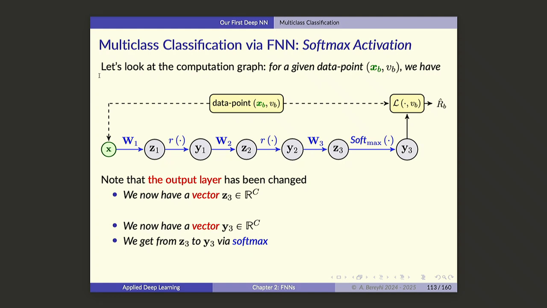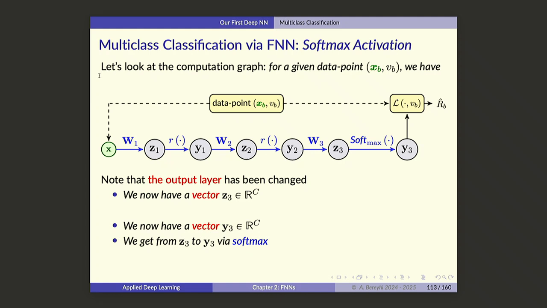Everybody's following? So this W3 that we had, when we had a single sigmoid at the output, was a vector, and the reason was that everybody goes to one neuron, right? Now it's getting replaced with one matrix, because we are computing a vector z, as large as the number of classes we have, right?